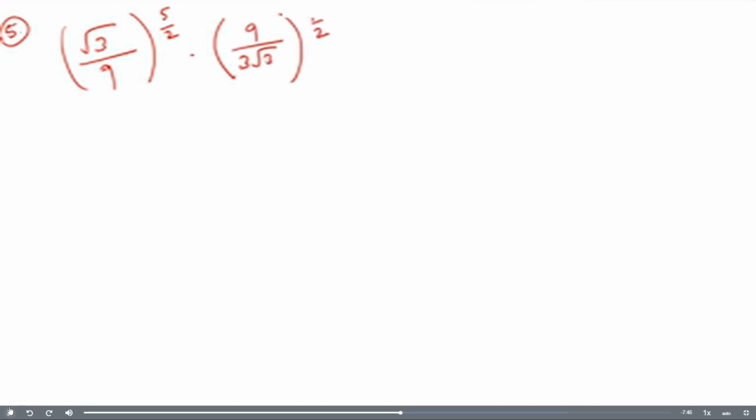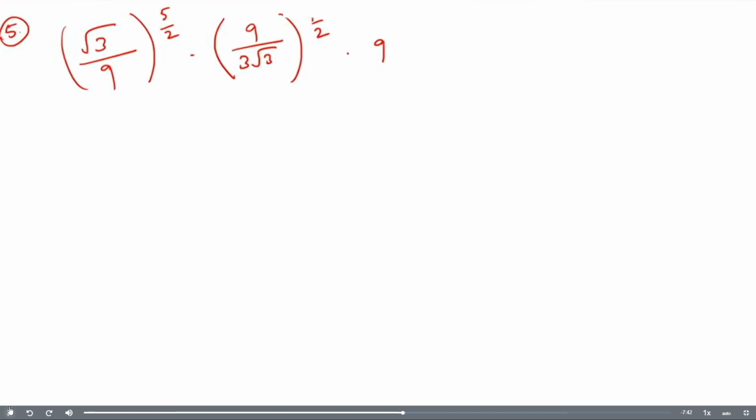The fifth question is: root 3 by 9 to the power 5 by 2 into 9 by 3 root 3 whole power 7 by 2 into 9.